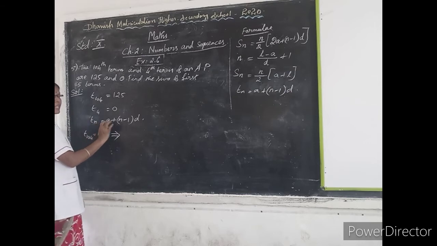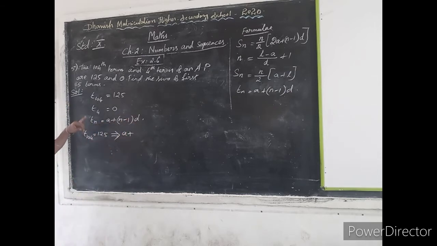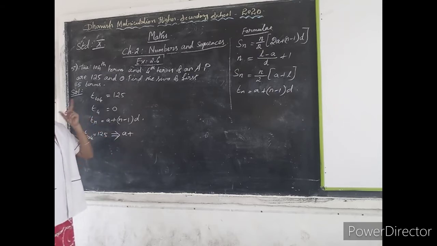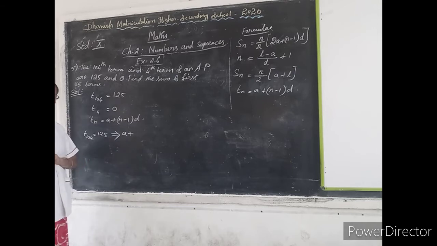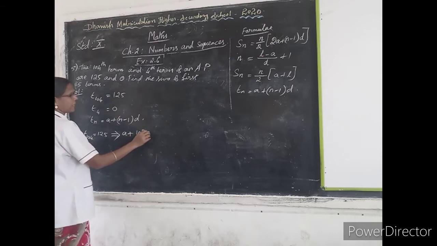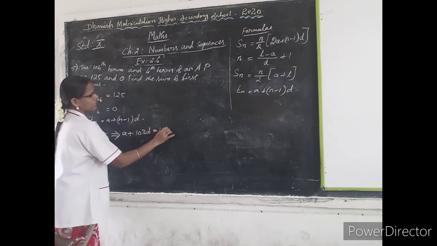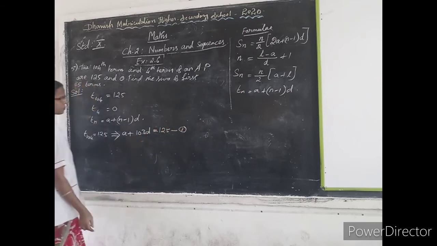We don't know what is a, what is d. So, T1 is a, T2 is a plus 1d, T3 is a plus 2d, T4 is a plus 3d, here T104 is a plus 103 into d is equal to 125. This is our first equation.